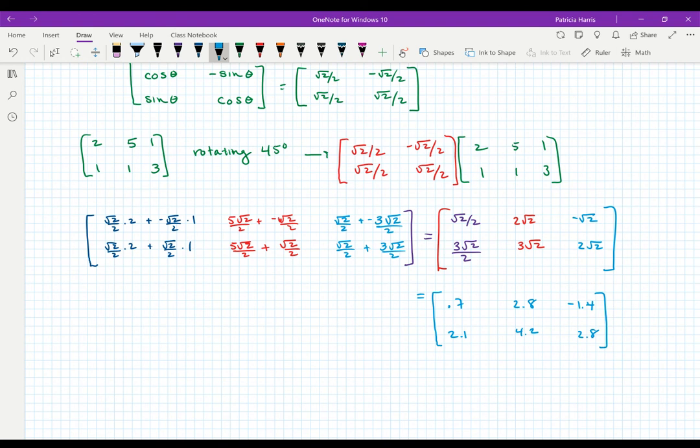Okay, so now we get to graph. Now remember, 45 degrees is like an eighth of a turn. Okay, so it's not that big of a rotation. So let's go ahead and graph the pre-image.